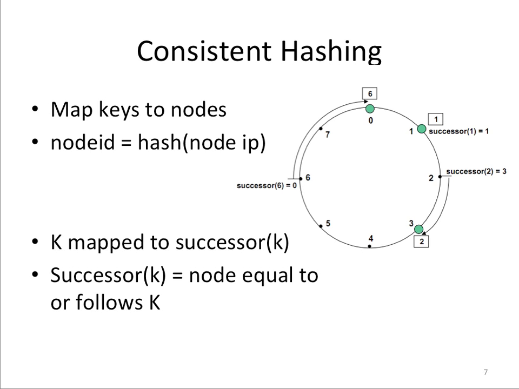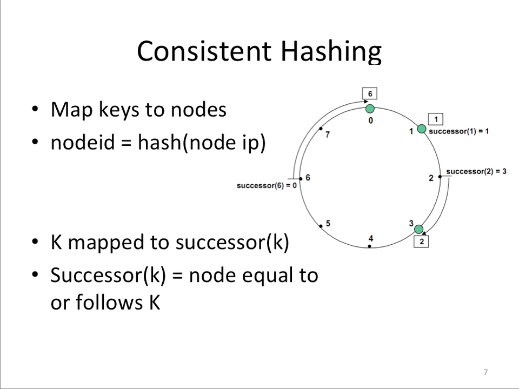So what happens is you organize these machines logically in the key space, for example, 1, 3, and 0. And whenever we need to find a machine that is responsible for a certain key k, we just store that in the machine that is the successor of k.